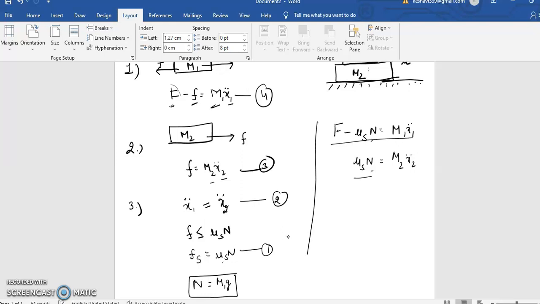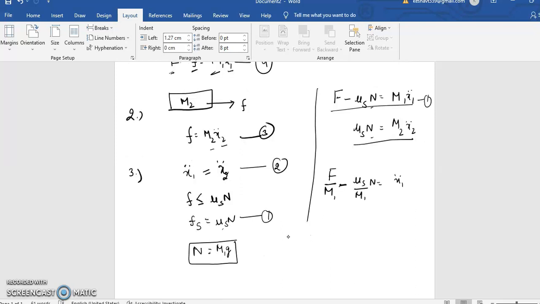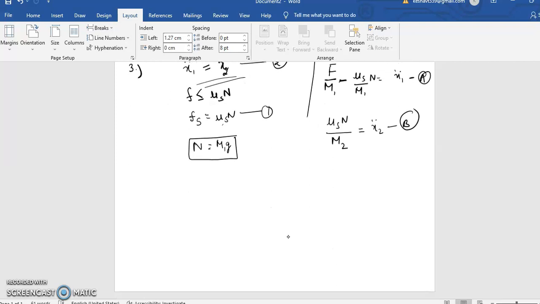So let me find the value of x1 from above: (F minus mu s N) upon m1 equals x1 double dot, and mu s N upon m2 equals x2 double dot. This is equation A and this is equation B. From the constraint, I can write F upon m1 minus mu s N upon m1 equals mu s N upon m2.